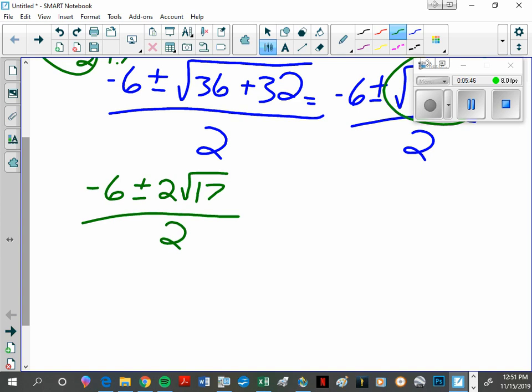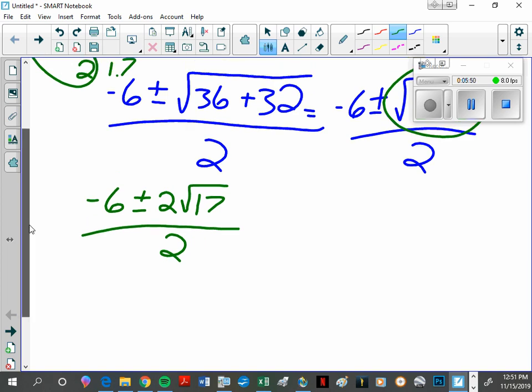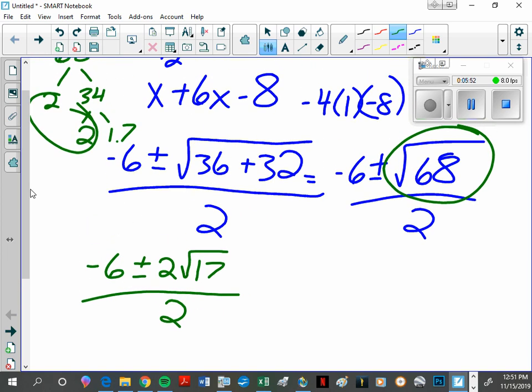Is everybody all right with that? So 68 is made up of 2 times 2 times 17. So I bring the 2 out, and the 17 stays on the inside. Now, we can check to see if this goes into both of those numbers. Not the square root. You can't touch the square root.